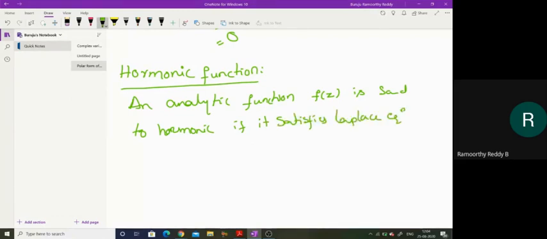Laplace equation is nothing but dou square u by dou x square plus dou square u by dou y square equal to 0. Any function which satisfies Laplace equation is called a harmonic function, right?